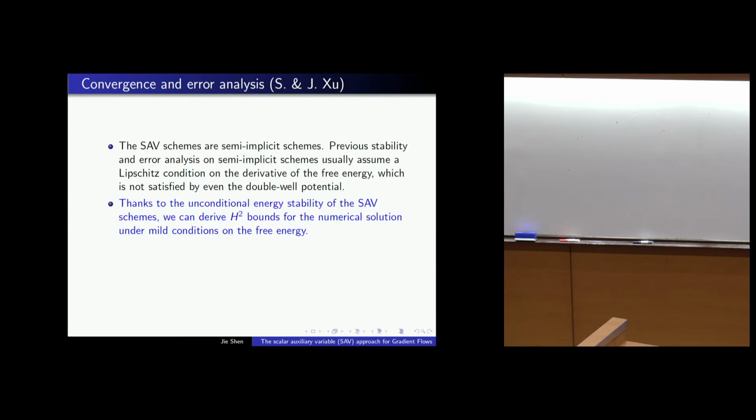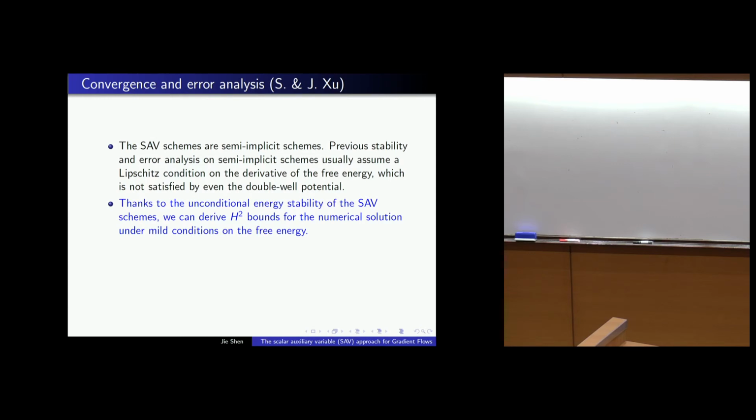But here, we have a scheme which is unconditionally energy stable without any condition on the free energy. So this allows us to derive H2 bounds for the numerical solution under very mild conditions on the free energy.